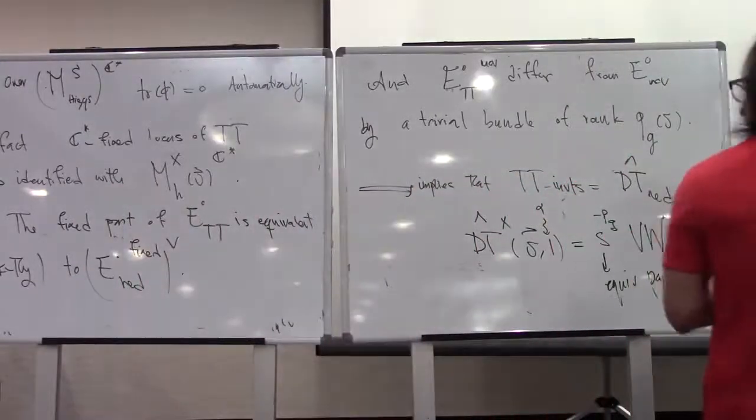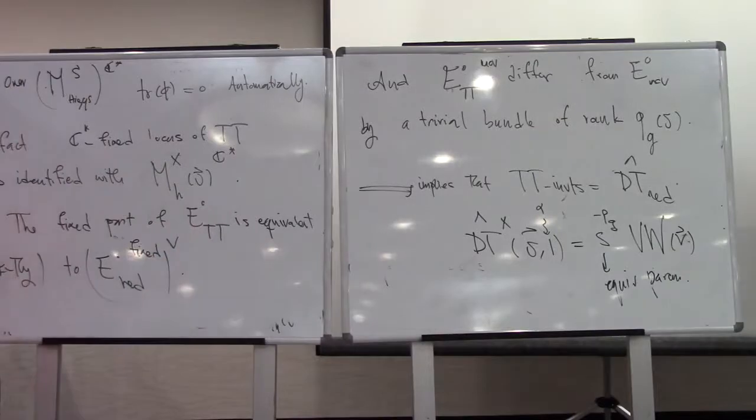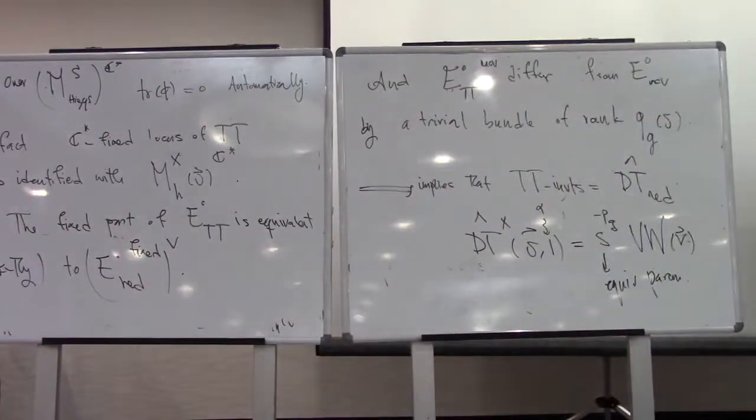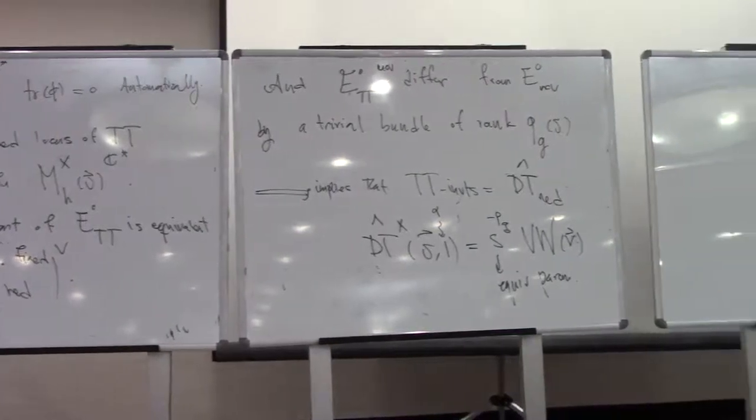And the objects in the derived category that they use are very different from the ones that we use. So yeah, we just got lucky and our invariants matched with theirs.